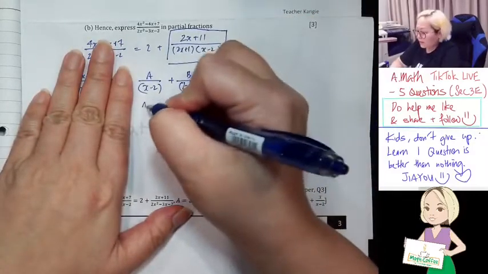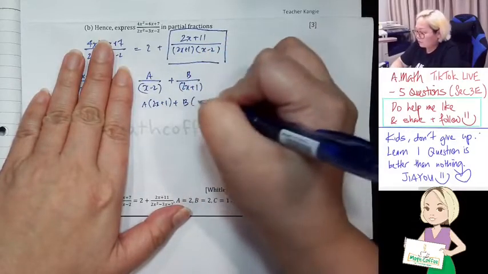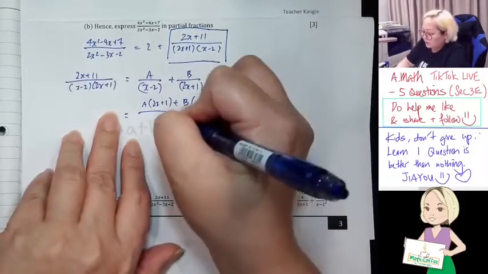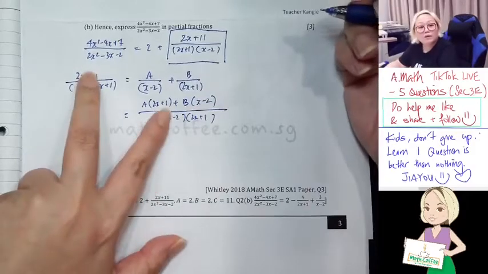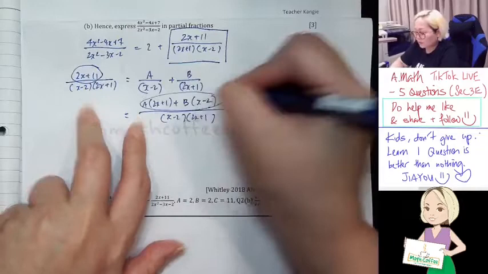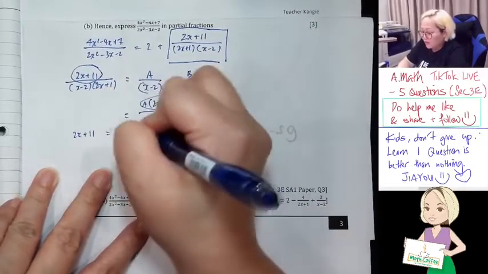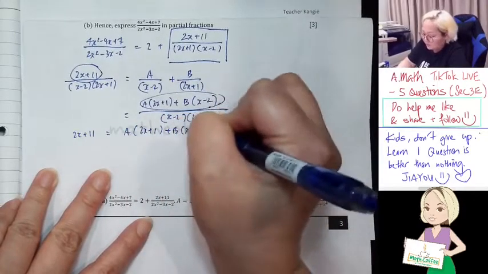So my A must multiply with 2x plus 1, the B must multiply with x minus 2, then put in the denominator. Now when you compare these two, you will write 2x plus 11 equals A times (2x plus 1) plus B times (x minus 2).